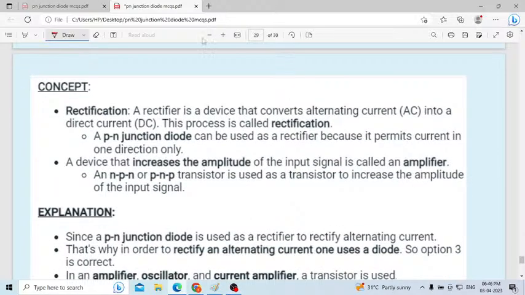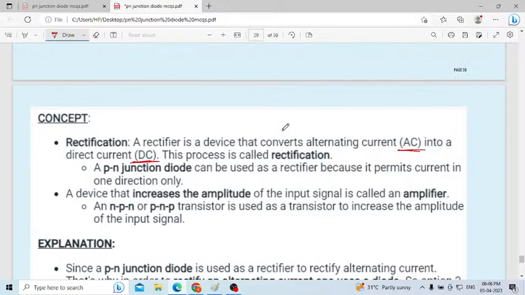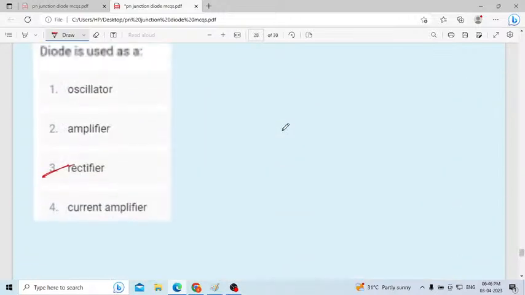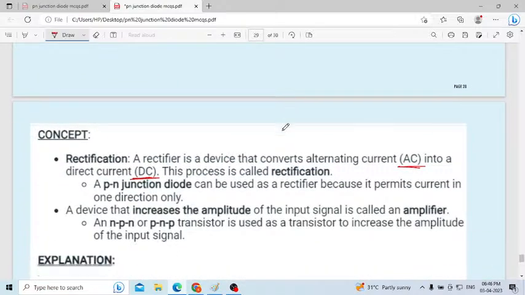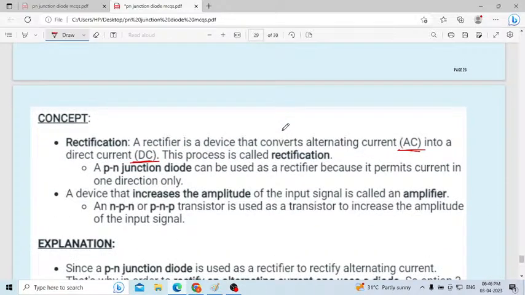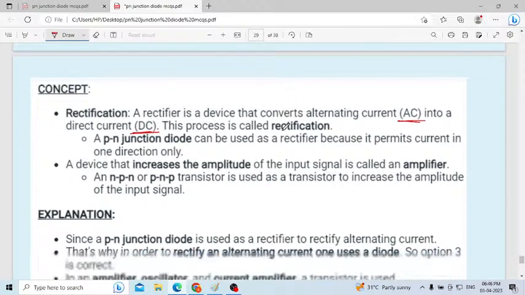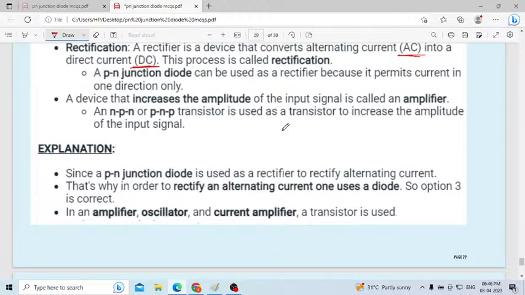A rectifier is a device that converts alternating current into direct current. That process we consider as rectification. Therefore, the diode is used as a rectifier because it converts AC to DC. Okay.